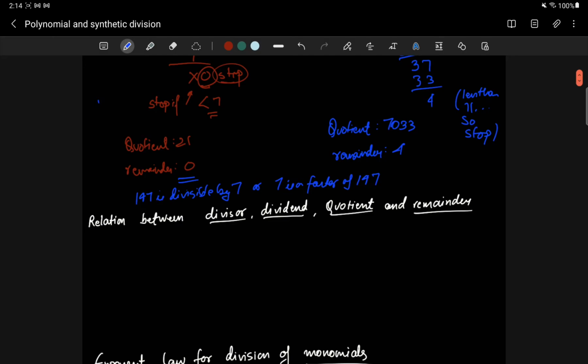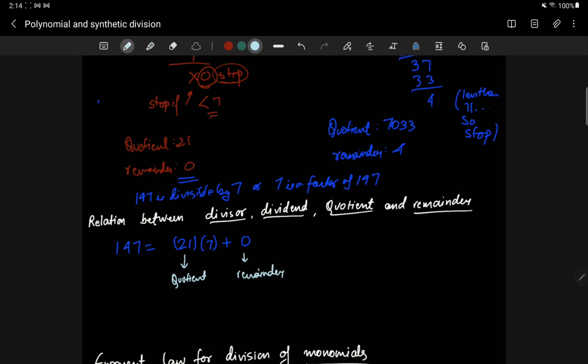Now there's a certain relationship between the divisor, dividend, quotient, and the remainder. For example, 147 can now be written as 21 times 7 plus 0. This here is the quotient, and this here is the remainder.